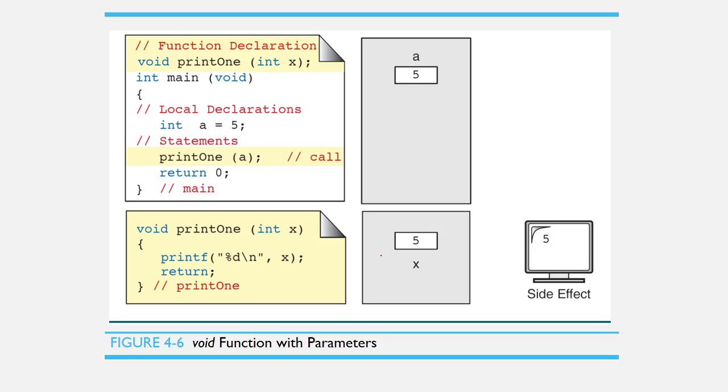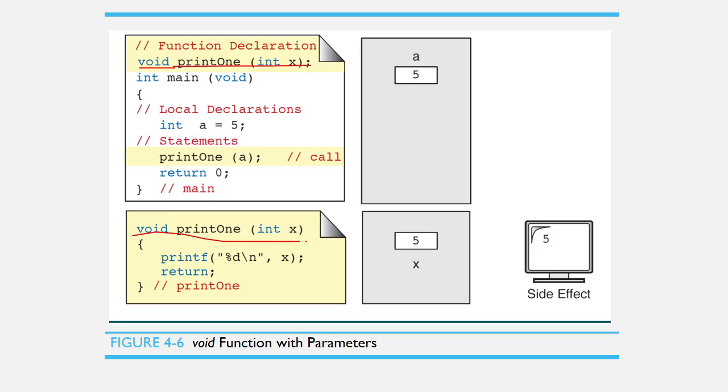Now, this figure shows a void function with parameters. A void function specifies a void keyword before the function name, and that will appear in a function declaration and a function definition.